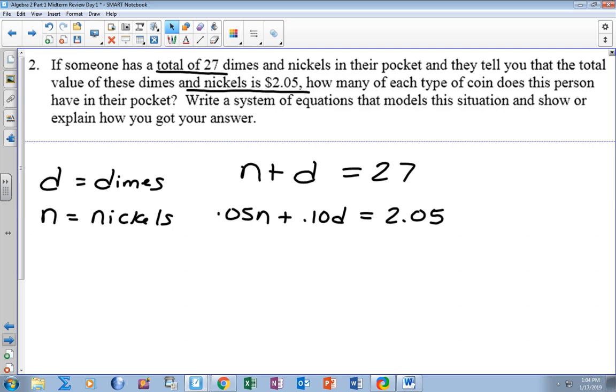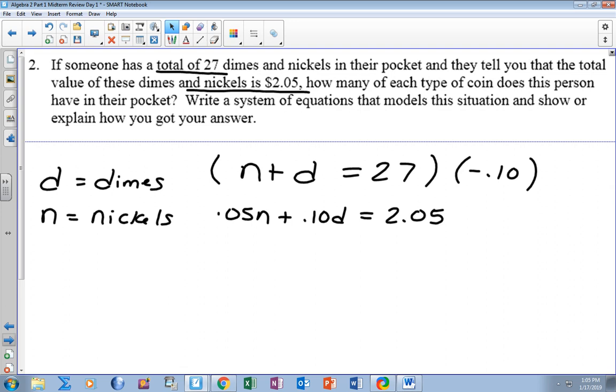So remember, if we want to eliminate equations or variables, we want the leading coefficients to be exactly the same number, but opposite signs, right? So in order to do that, I'm going to multiply this first equation, the whole equation, by negative 0.10, because that's easy to do, because it's just moving a decimal and timesing it by 1, right?